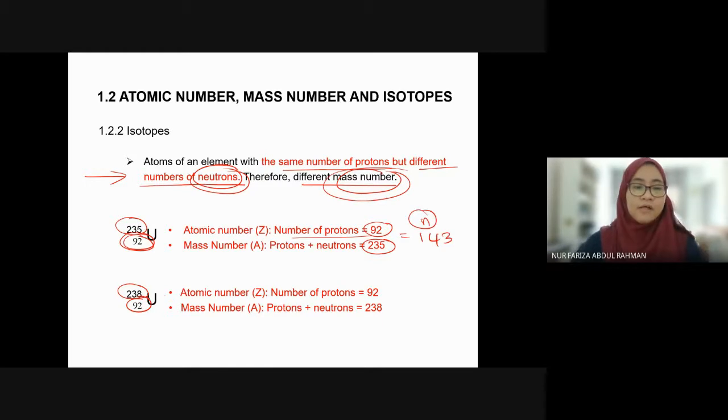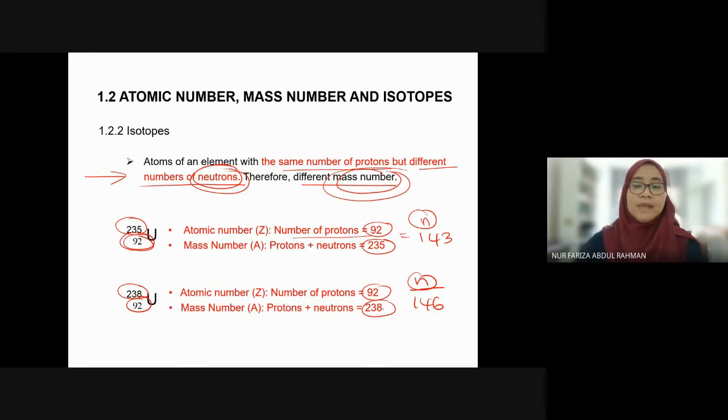As for the second isotope of uranium, 238 minus 92 is equal to 146 neutrons.